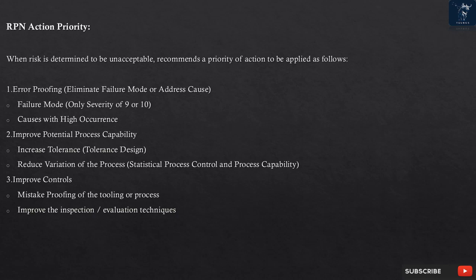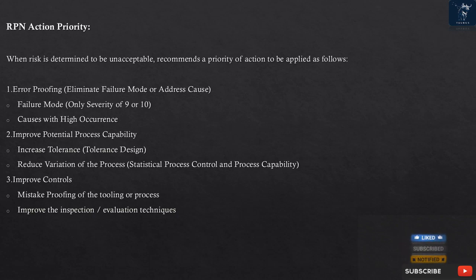RPN Action Priority. When risk is determined to be unacceptable, Quality 1 recommends a priority of action to be applied as follows. Error proofing, eliminate failure mode or address cause. Failure mode, only severity of 9 or 10. Causes with high occurrence. Improve potential process capability.